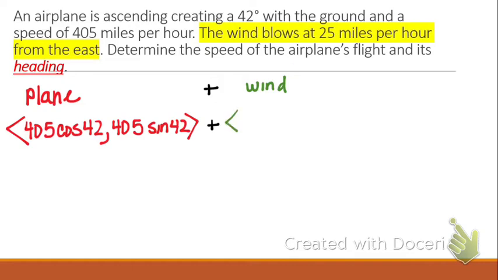And the wind is 25. And again, we're going to use 180. So it's cosine 180 and 25 sine 180. Okay, so that's your first step.